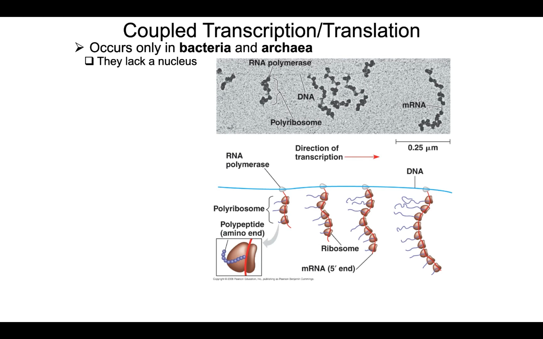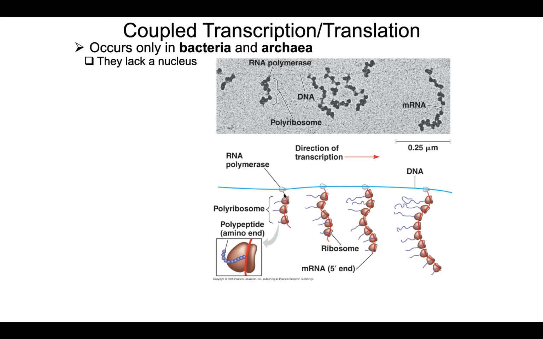Now, bacteria and archaea, so prokaryotes, do not have a nucleus, which means the place in which transcription occurs, reading this blue DNA template and writing this red messenger RNA, happens in the same place as translation, which is the ribosome making purple protein while reading red messenger RNA. And notice, because these two processes occur in the same place, they occur at the same time.